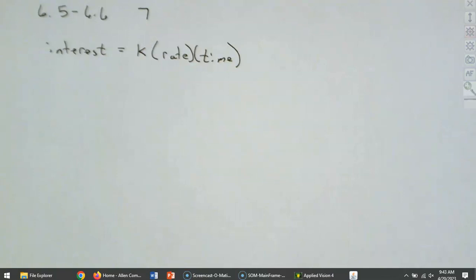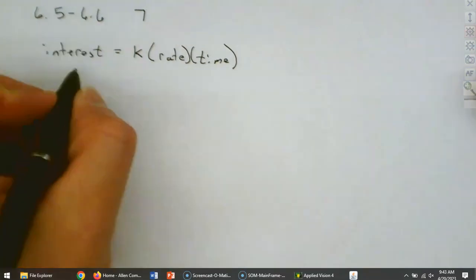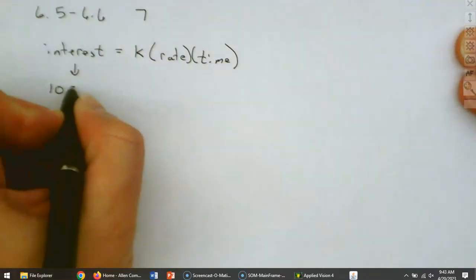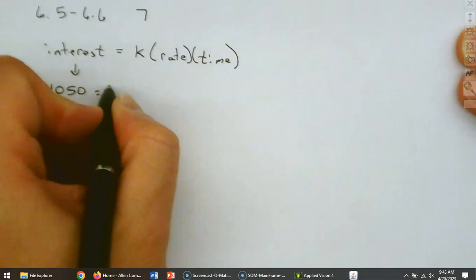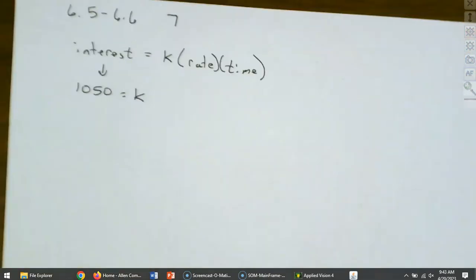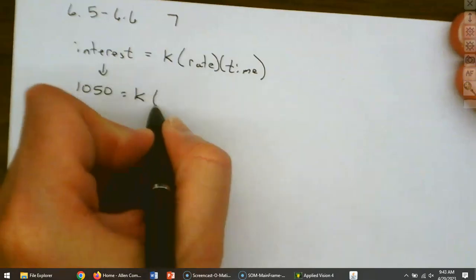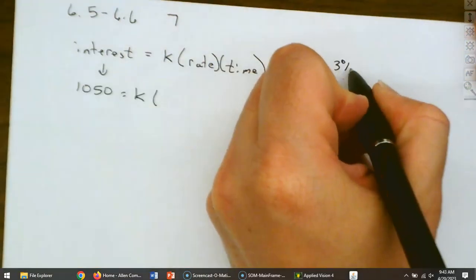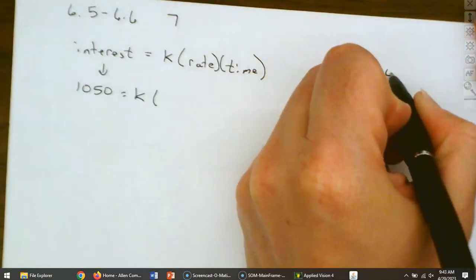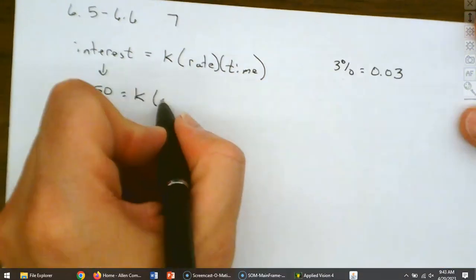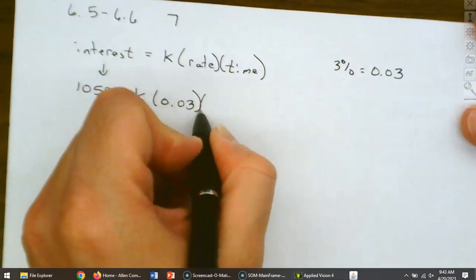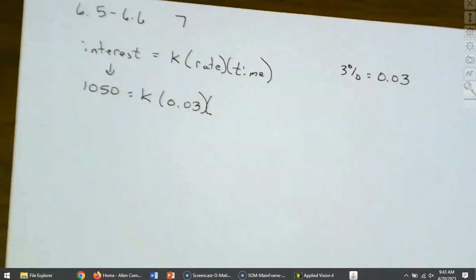It says the simple interest is $1,050, so that goes here. K is unknown. We have a 3% rate, and just so we remember, 3% is 0.03. And we're going to use this for 7 years.